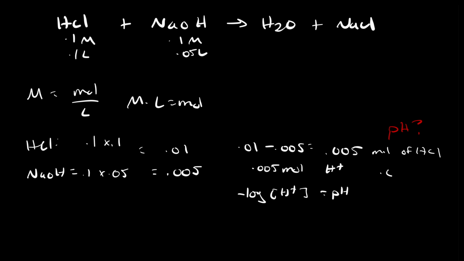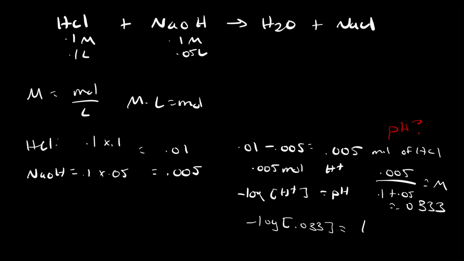So we would say that the total liters here is 0.1 plus 0.05. That would give us molarity. So we would do 0.005 divided by 1 plus 0.05. That would give us a molarity of 0.0333. So now we just take the negative log of that. So negative log 0.033 equals 1.477.